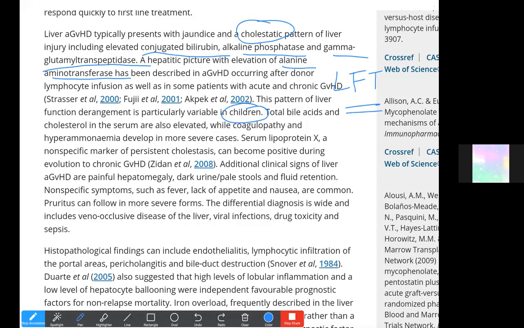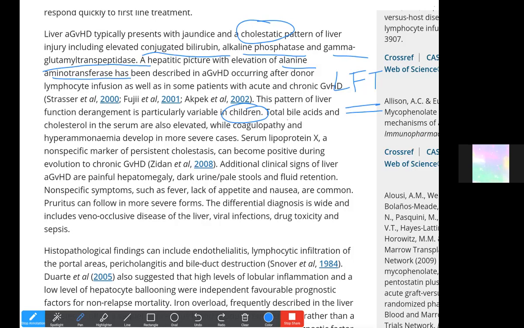The pattern of liver derangement is variable. Some children may not have the GGT level raised, or the alkaline phosphatase raised so much, or in fact the alkaline phosphatase may be raised in children particularly due to age. So there could be a variable presentation in children as to which of the markers or LFTs are deranged.